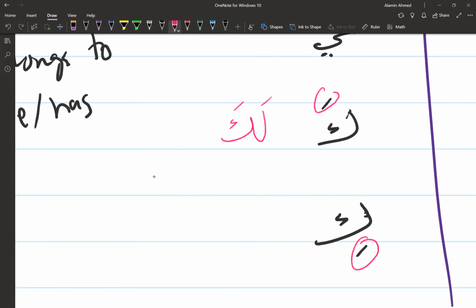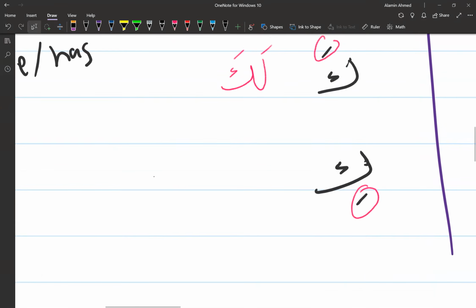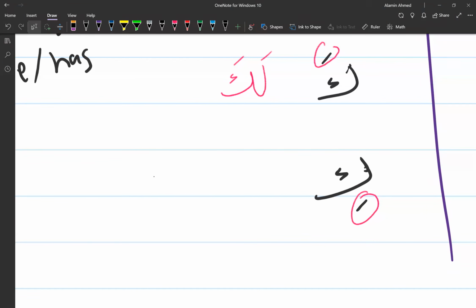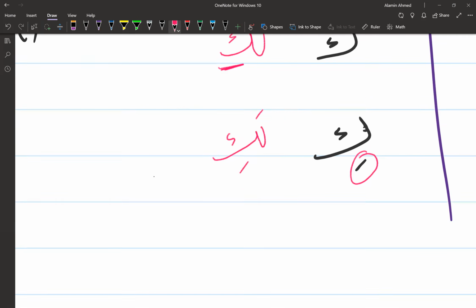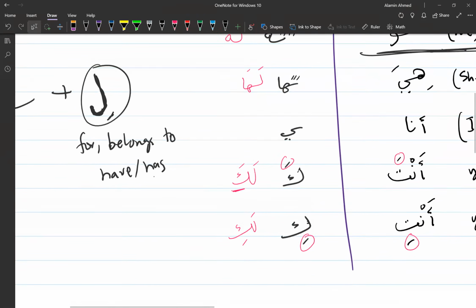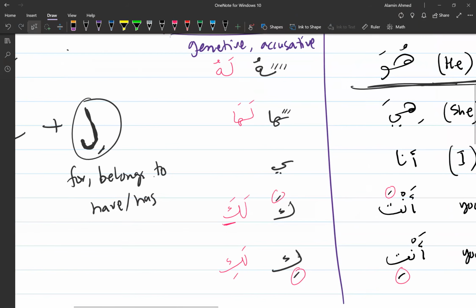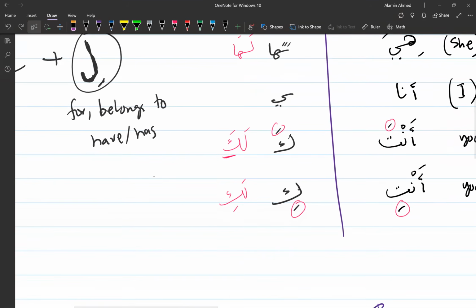Laka. That's why when we make some of the dua, you will see we say lakal hamd, meaning for you is the praise, or all the praise belongs to you. When you're saying for you in feminine form, you'll say laki. Make sense? Good. Lahu, laha, laki.